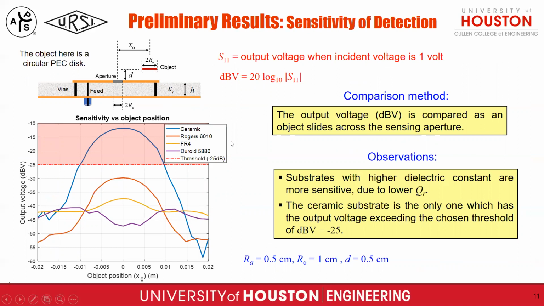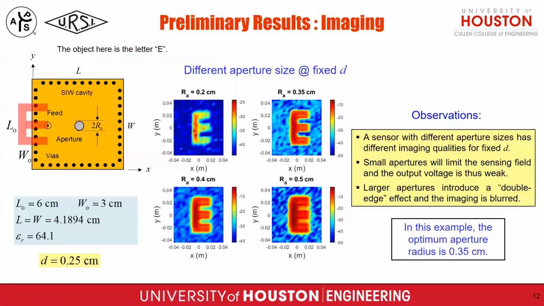Here we compare 4 substrates, and the sensitivity analysis shows only the ceramic substrate can reach the threshold, which is -25 dB, which means only the ceramic substrate can indicate the presence of the object. And also we can see the substrates with higher dielectric constant are more sensitive due to lower QR.